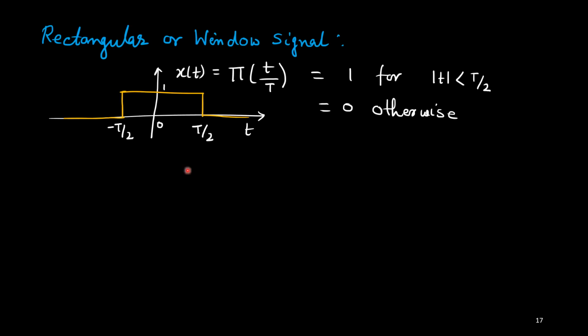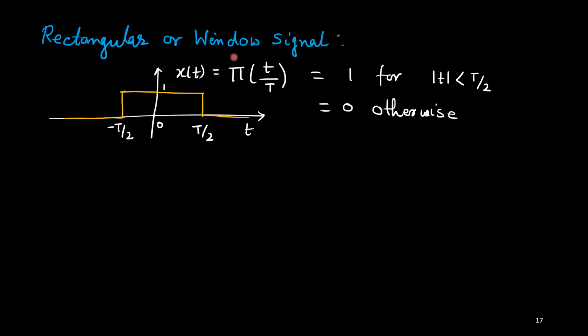Now we'll consider one important signal, called the rectangular or window signal, also called the gate signal. This is the shape. It's one window from minus T by 2 to plus T by 2. Its magnitude is 1, otherwise it is 0.